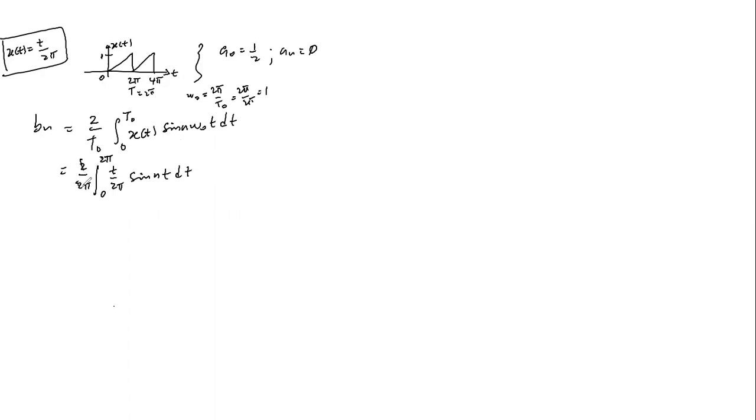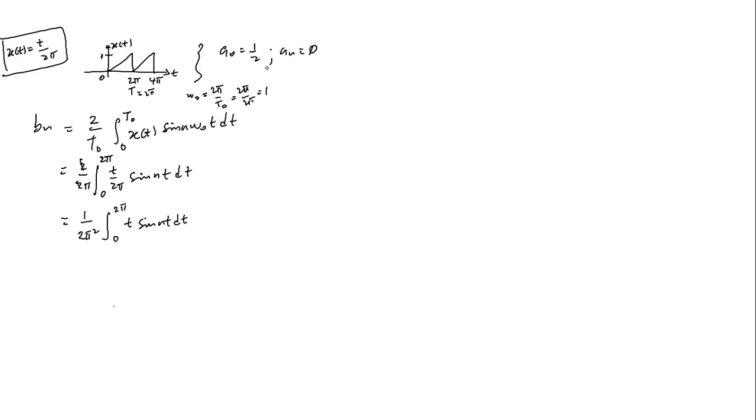So let's just truncate this. So 1 over 2 pi squared integral 0 to 2 pi t sine nt dt.